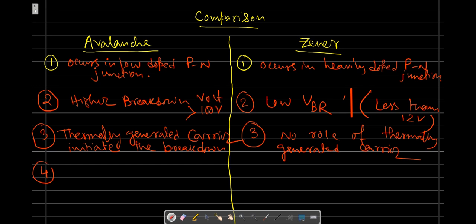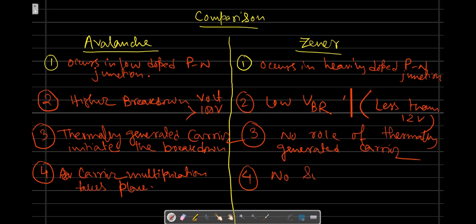Another point you may add: in avalanche breakdown, carrier multiplication takes place, the impact ionization, that is carrier multiplication, takes place, and here no such carrier multiplication.